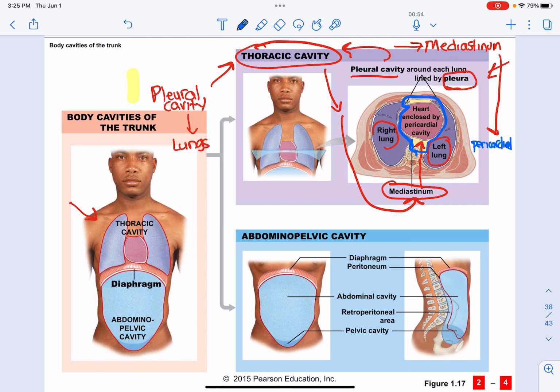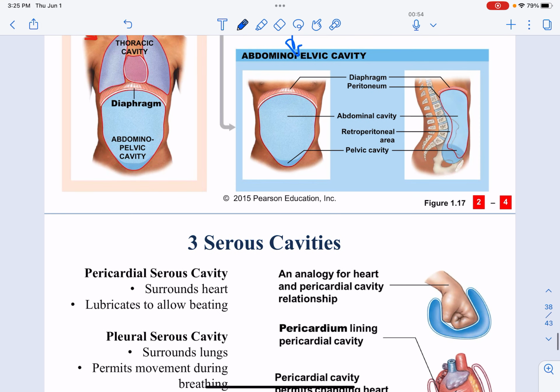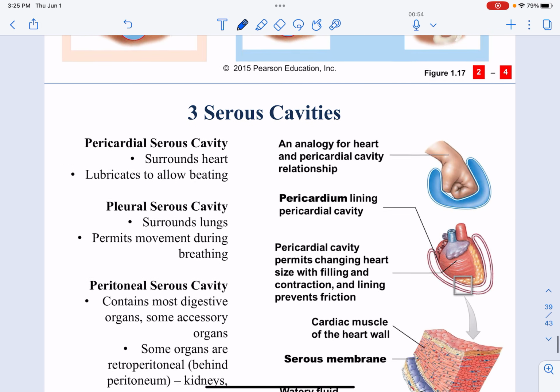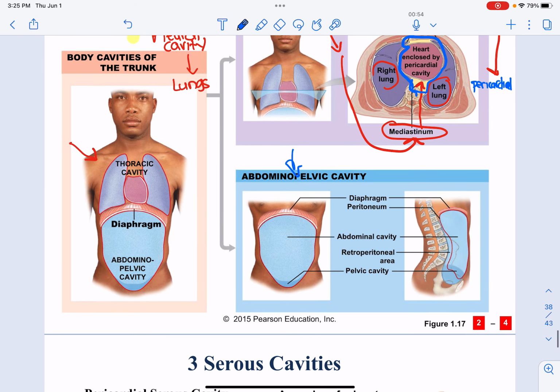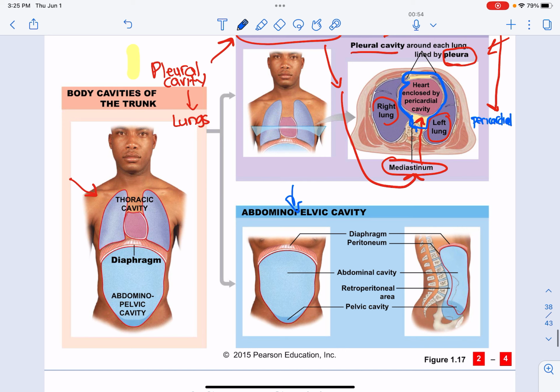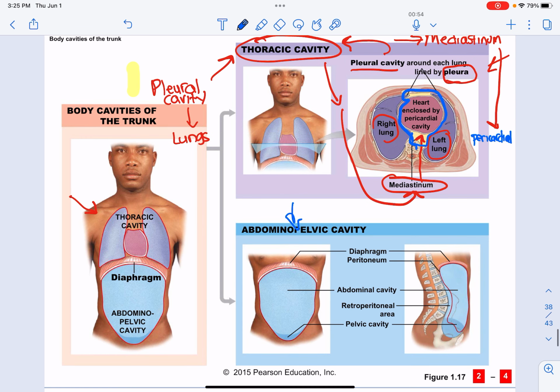I want to move next to the abdominopelvic cavity here. Sorry, I lost my pen. The good thing is the abdominopelvic cavity does not have cavities within cavities like the thoracic cavity.